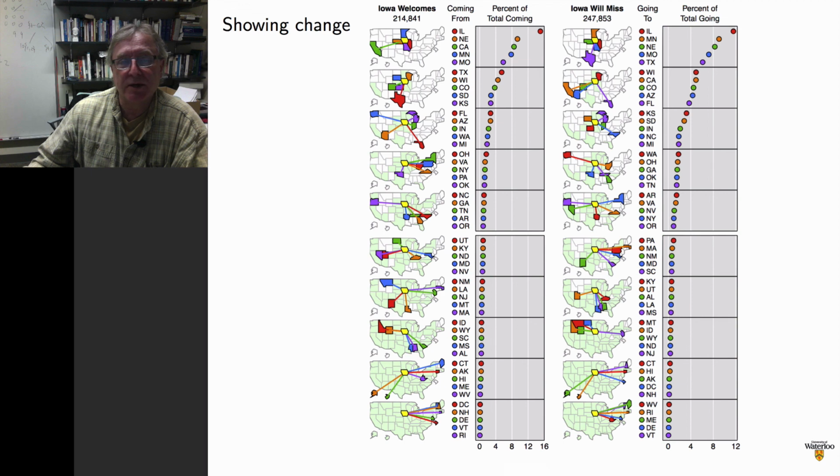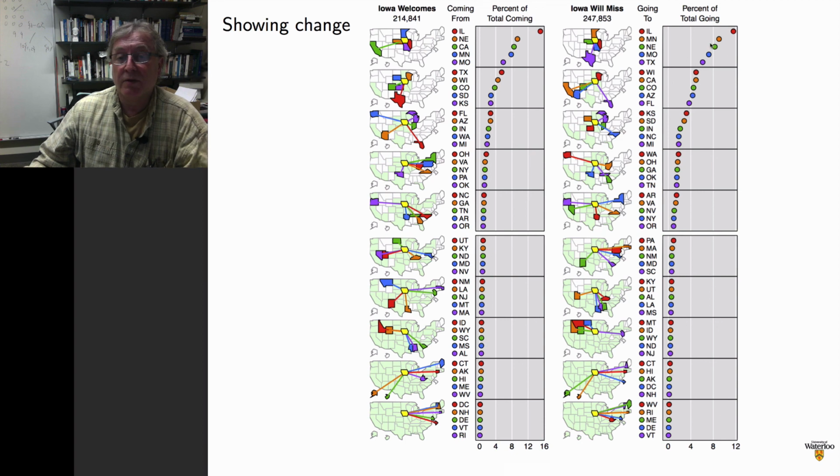So the green state here being California going to Iowa, and the largest groups of people moving to Iowa are, not surprisingly, the neighboring states and California. Now, where people from Iowa are moving to, again, not surprising, the neighboring states, but this time Texas is the highest value.